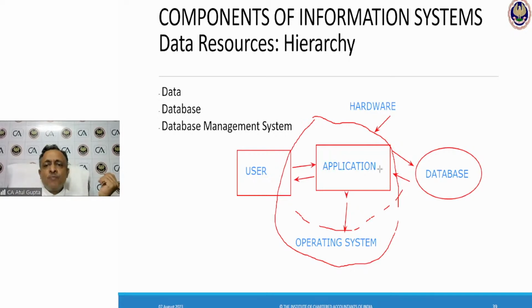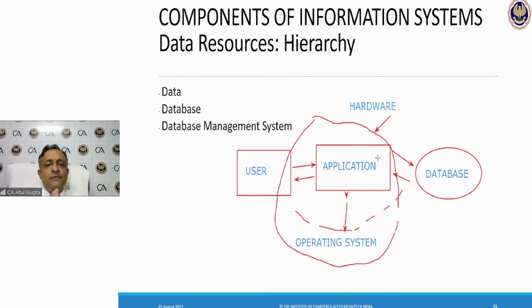The only difference is that if my application is not installed, it is cloud-based, as in chapters 1 and 2. So then this application will be available on the internet. But even if it is available on the internet, it is going to be stored on the hardware of a third person. So it is mandatorily stored on a hardware.